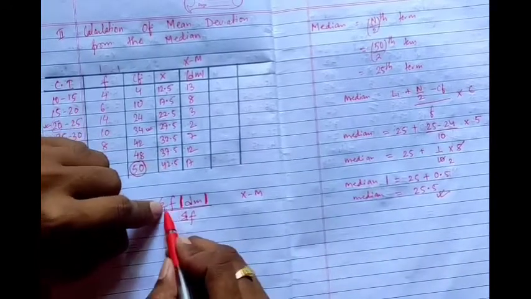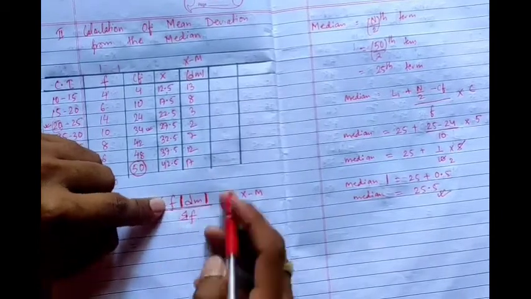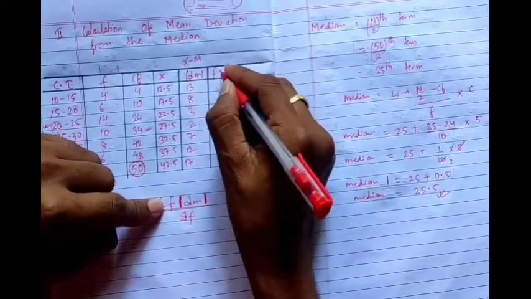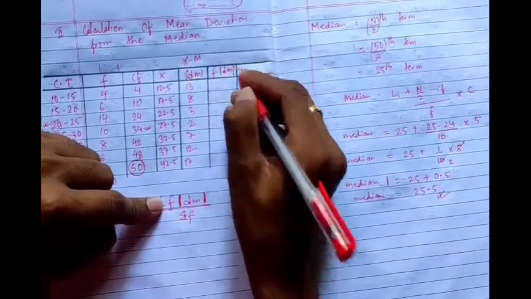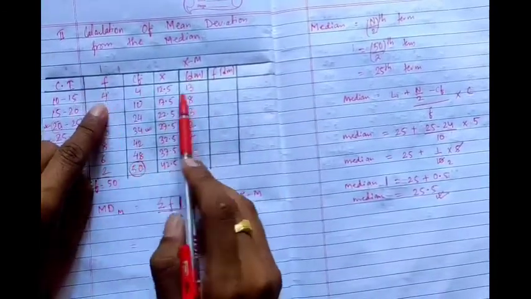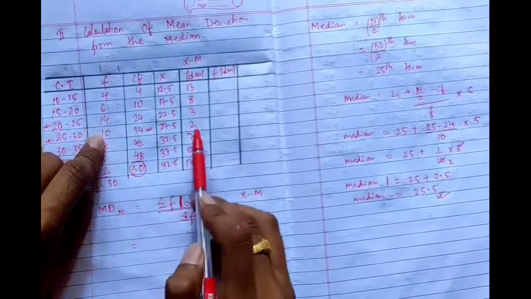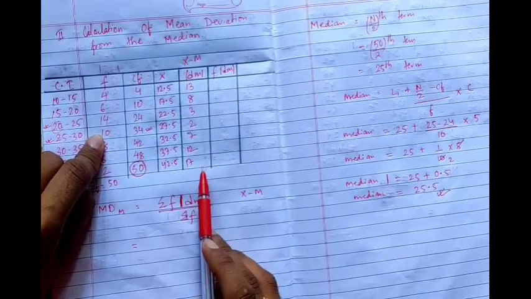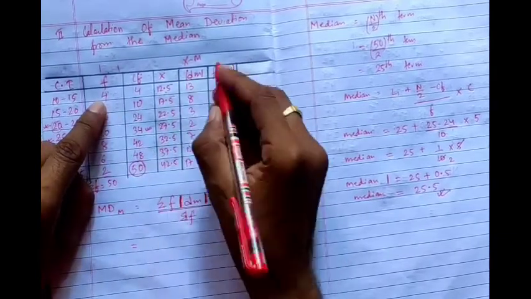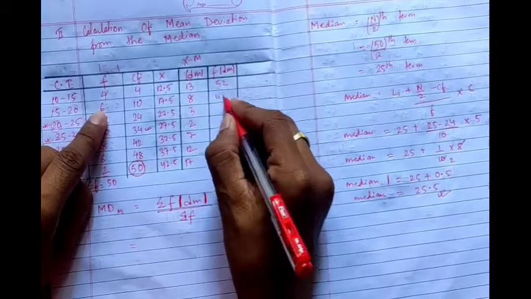Now we need summation f dm, means we need the total of f into dm. So we'll make one more column, that is f into dm. So f into dm, we'll multiply frequency with the dm column, means 4 into 13, 6 into 8, 10 into 3, 10 into 2. So we'll find this column. Clear? Now 4 into 13, how much will we get? 52. Then 6 into 8, 48.